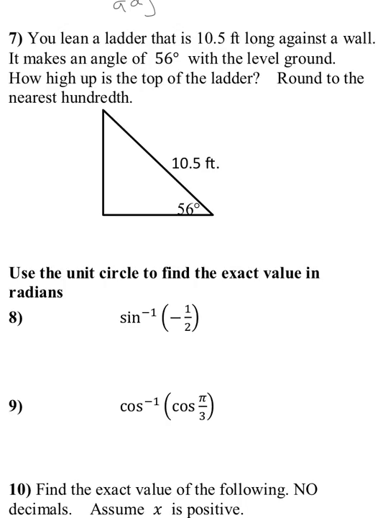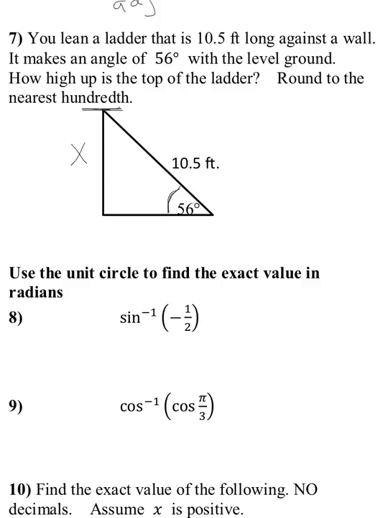Okay, for problem 7, here's another problem where we're solving for a side. Again, we're solving for this side right here because we want to know the height. So we know that the length of the ladder is 10.5 feet. We know that the angle that it makes is 56 degrees, but we don't know how high up the wall the ladder is touching.